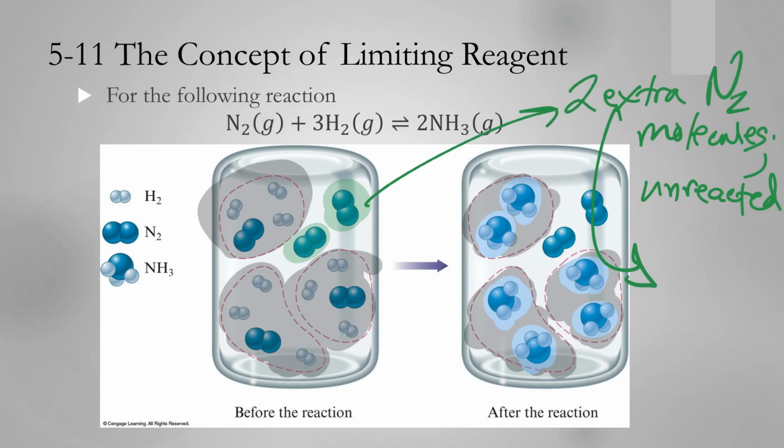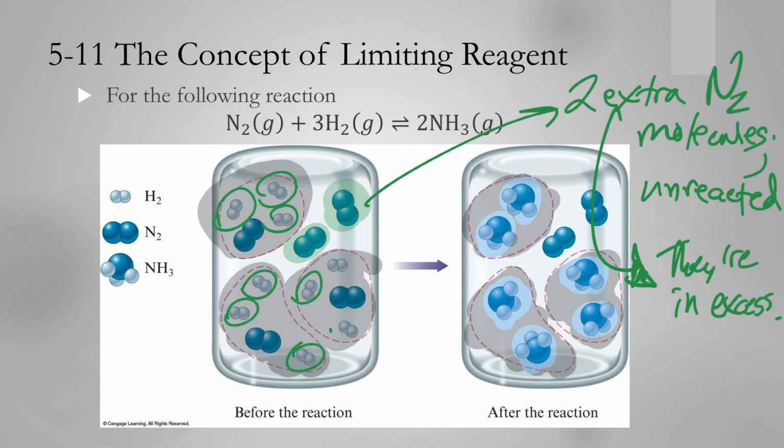Another way of saying it is they are in excess. What's not in excess are the hydrogens. They're all used up. The ones that are all used up in the reactions are called the limiting reagent. Everything else is going to be excess reagent or reagents.